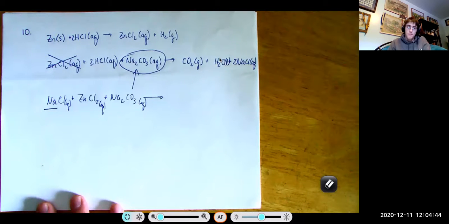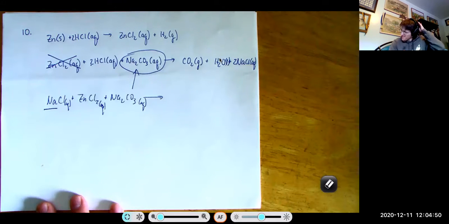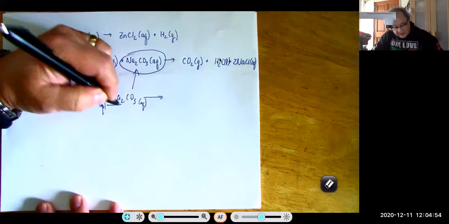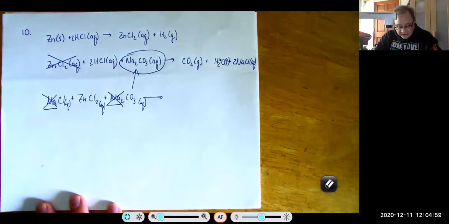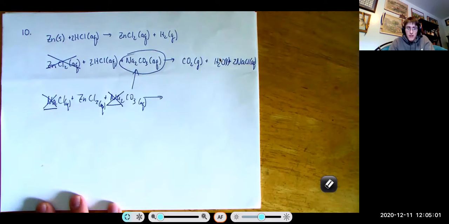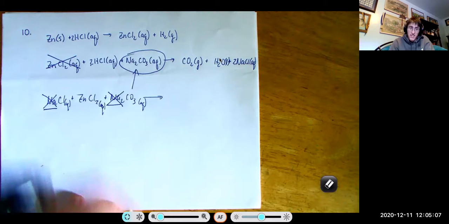What's the solubility rule for sodium compounds? They're always soluble. Okay, so sodium cannot be the cation in the solid. So what's the only cation available to us for the solid? Zinc.